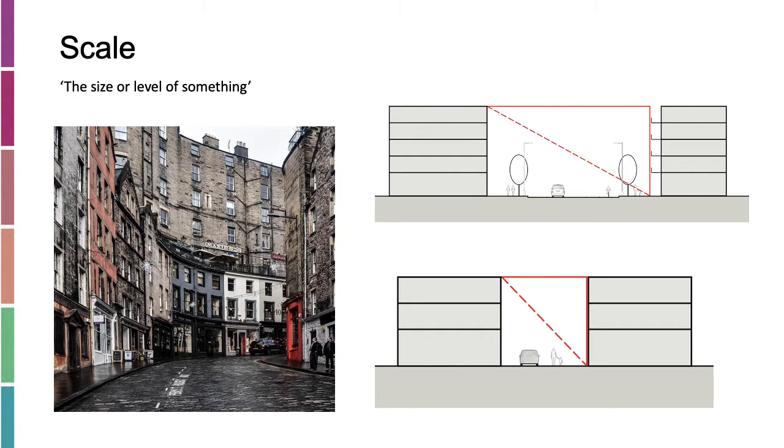The diagram on the right shows an important relationship between street width and scale. As the buildings are shorter, as in the lower diagram, and the street width narrower, there's more of a sense of enclosure.